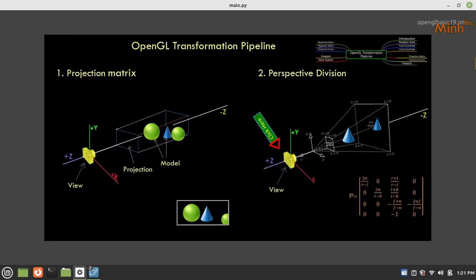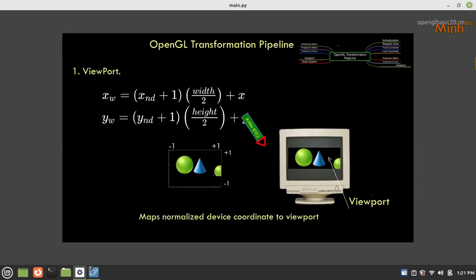The viewport is the camera reel. So on my computer this is the viewport. On the viewport, what will happen?